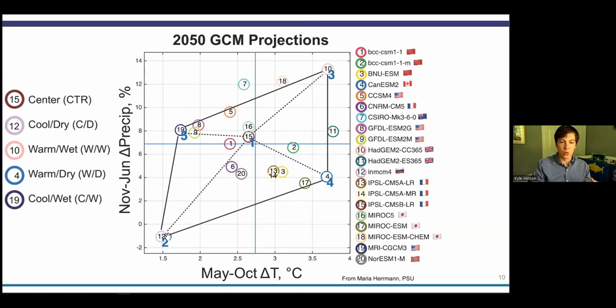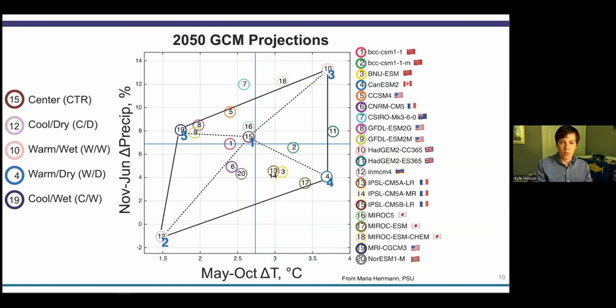Another is cool, dry, warm, wet, warm, dry, and then cool, wet. And I should also note that these are all warmer than baseline period as we'd expect. And almost all of them are wetter than the reference period as well. It's just relative to their cooler, warmer, or dry or wet relative to the center model. So we have 5 GCMs selected for our climate scenarios that are downscaled.